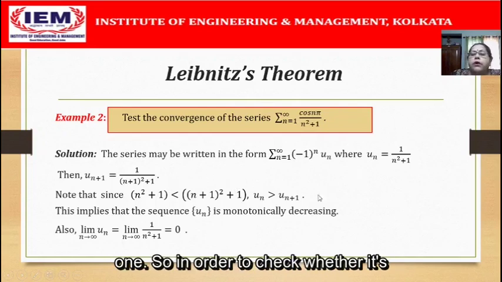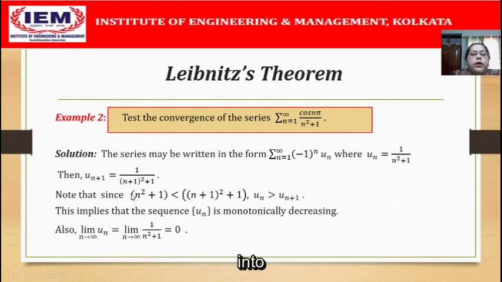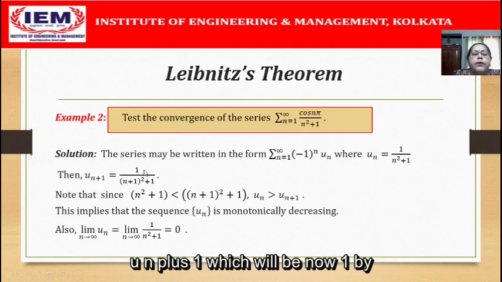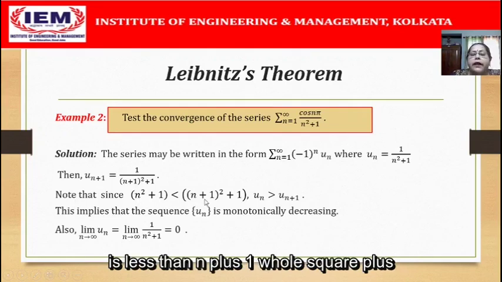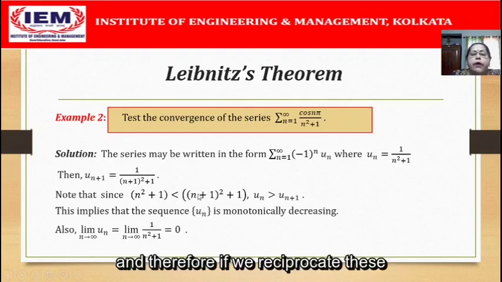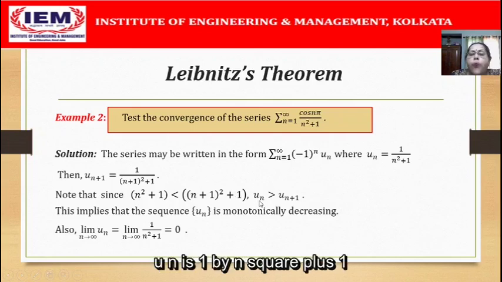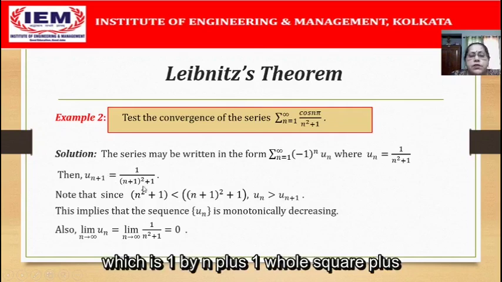In order to check whether it's monotonically increasing or decreasing, we need to look into un plus 1, which will be now 1 by n plus 1 whole square plus 1. Now, note that obviously n square plus 1 is less than n plus 1 whole square plus 1. Therefore, if we reciprocate these quantities, un, which is 1 by n square plus 1, will be greater than un plus 1, which is 1 by n plus 1 whole square plus 1.